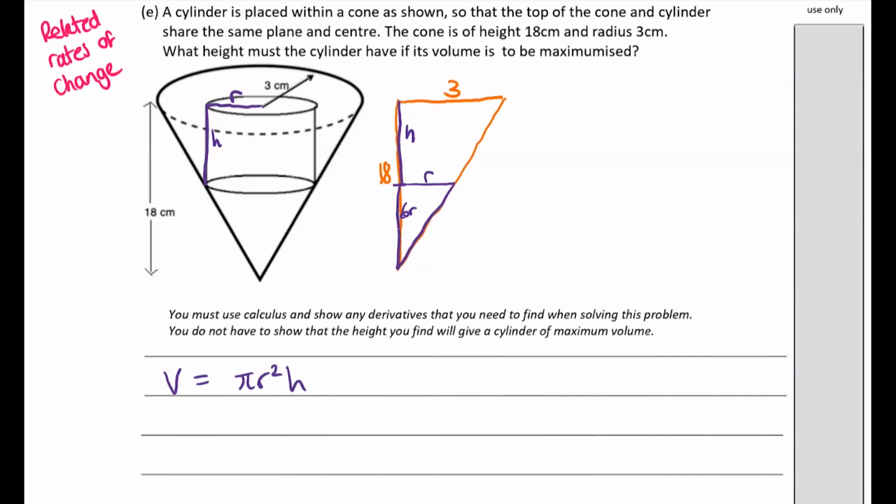So this piece there would be 18 minus 6r. So in our volume formula, we can change the h to be 18 minus 6r. And if we multiply that out, we get 18 pi r squared minus 6 pi r cubed.